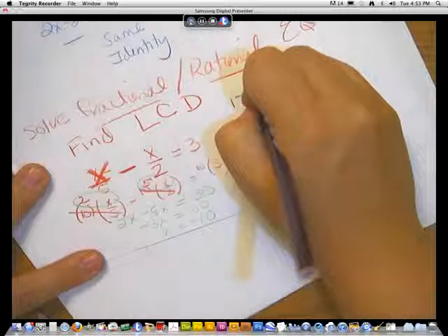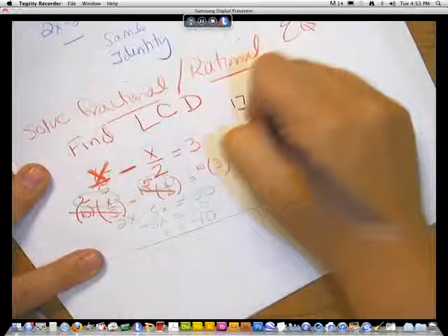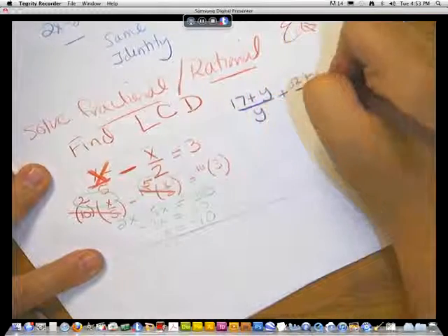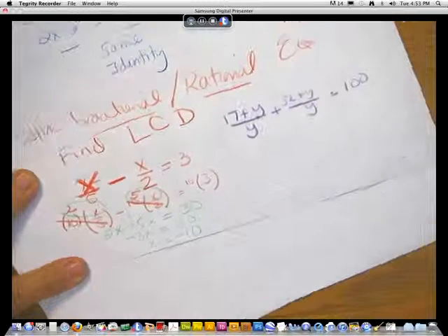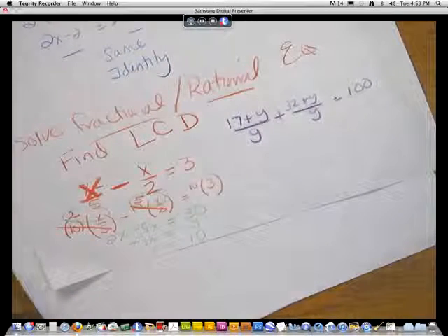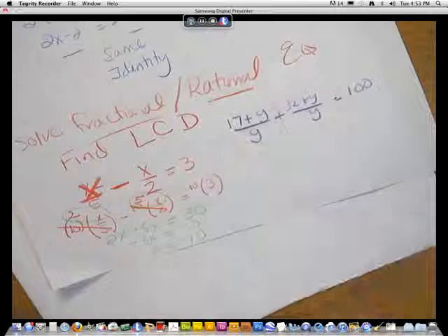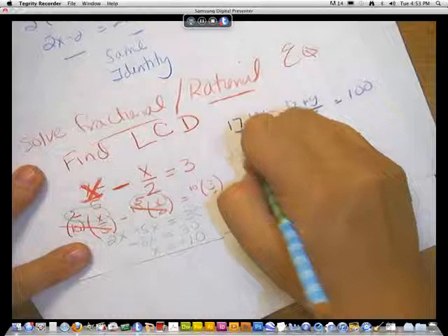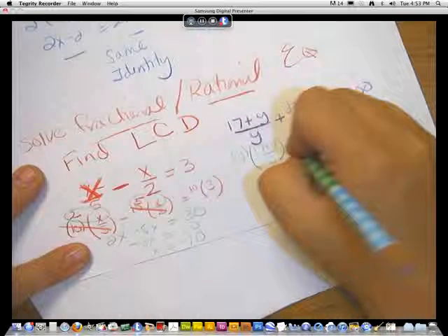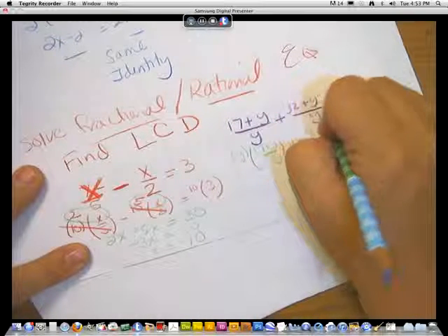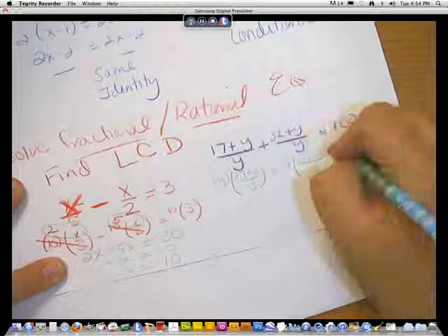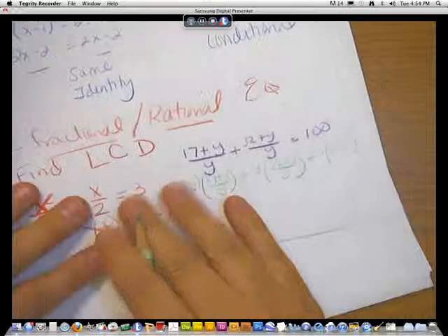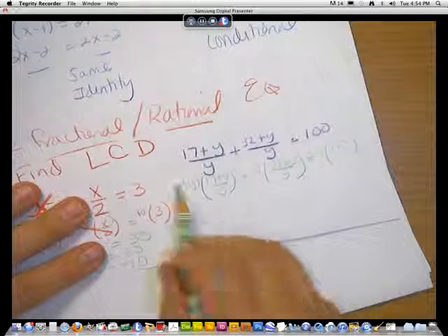So here we have 17 plus y over y plus 32 plus y over y is 100. So the common denominator of everything is y. I'm going to multiply y to everything. This will reduce out.